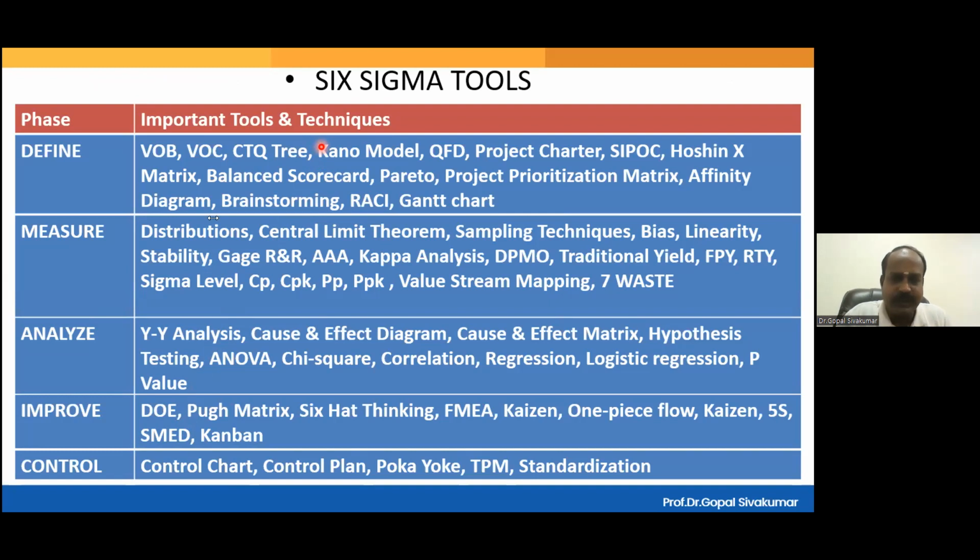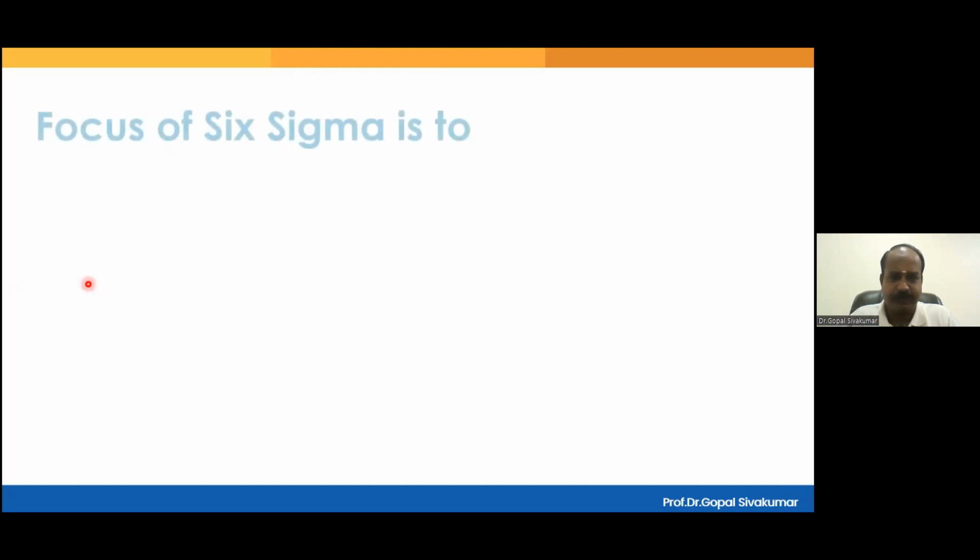If you are successful every phase, your whole project will definitely hit the results and you will be appreciated for your project success. And I'm not going to read out the tools because we will be seeing them in detail in the upcoming sessions, not completely, but the important ones we will be seeing.